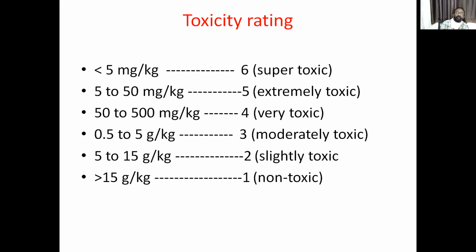That means if a substance produces a lethal or toxic effect with a minimal dose, then according to that dose the rating is given to the poisonous substances. 5 to 50 milligrams per kg body weight is extremely toxic. 50 to 500 mg per kg is very toxic. 0.5 to 5 grams per kg is moderately toxic, and 5 to 15 grams per kg is slightly toxic. More than 15 grams per kg is non-toxic. Like that, the toxicity rating is given to poisonous substances.